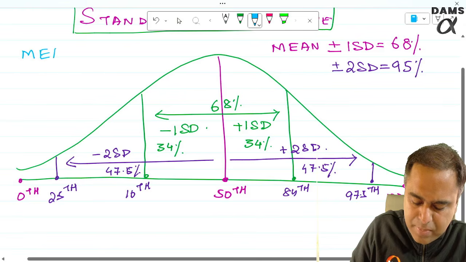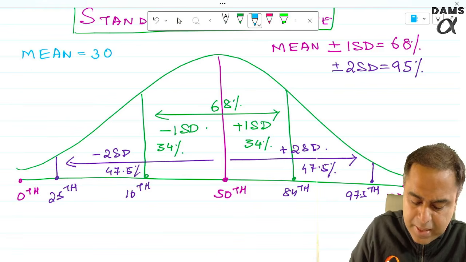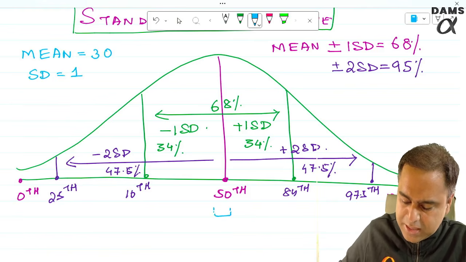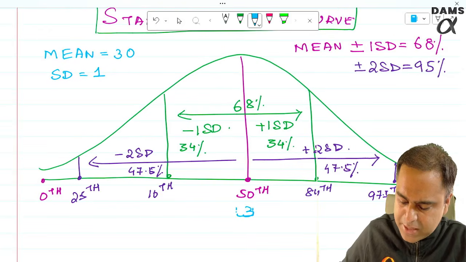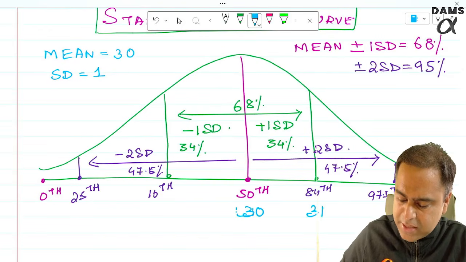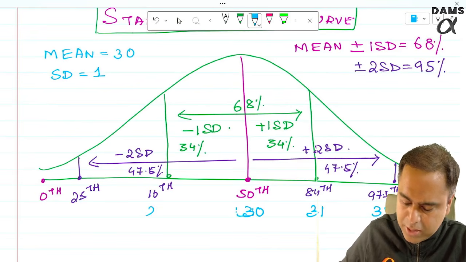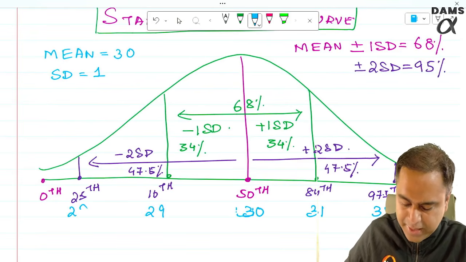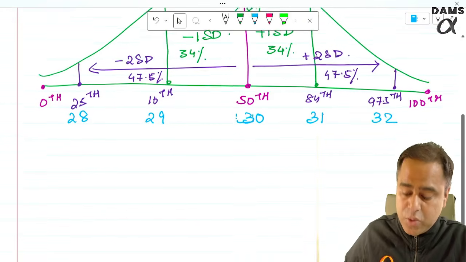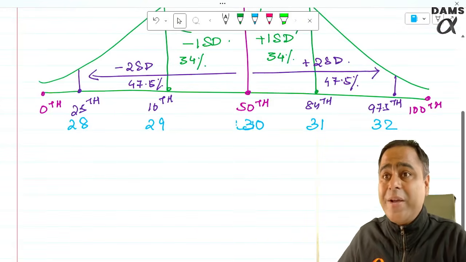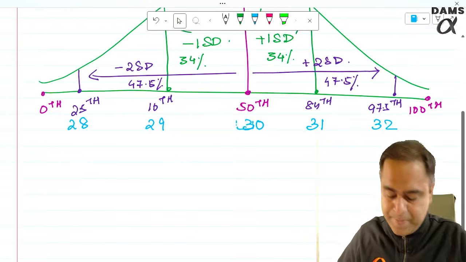Suppose my mean is 30 and my standard deviation is 1. So this is 30 because it is my central value. This is 31, this is 32, this is 29, this is 28. So what different forms of questions can come over here?